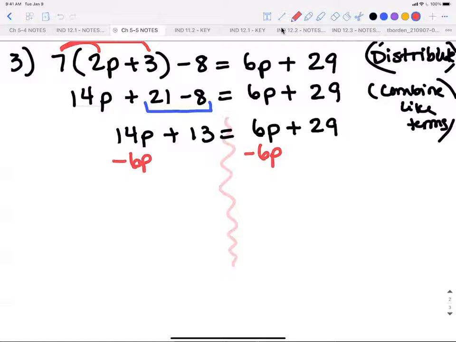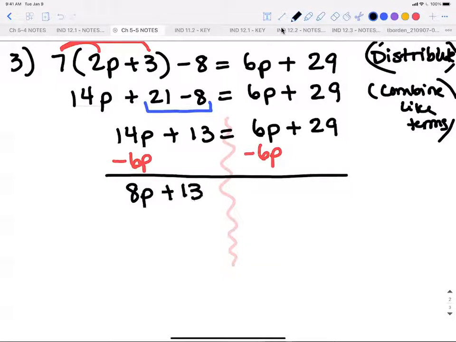And notice when I subtract, I always write it underneath the other common term on that side, because it makes it very easy to simplify. So when I draw my line here, 14p minus 6p is 8p. I didn't do anything with the plus 13. My equal sign should stay on my wall. And 6p minus 6p goes away, and I'm left with 29 over here.